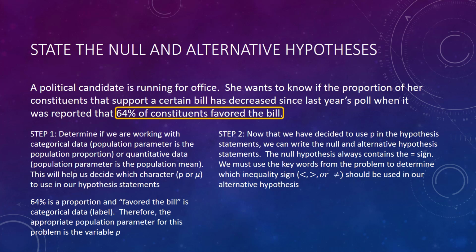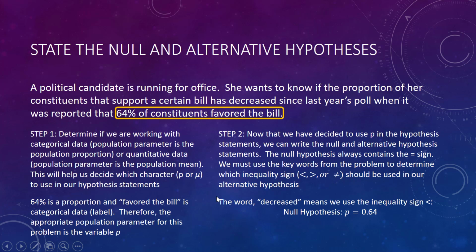Step 2. Now that we've decided to use P in hypothesis statements, we can write the null and alternative hypothesis statements. The null hypothesis always contains the equal sign. Therefore, in this problem, our null hypothesis is that P is equal to 0.64. Remember, we have to use the keywords from the problem to determine which inequality sign, less than, greater than, or not equal to, should be used in our alternative hypothesis.